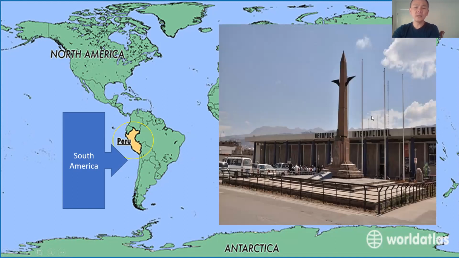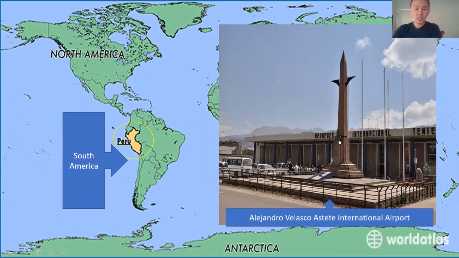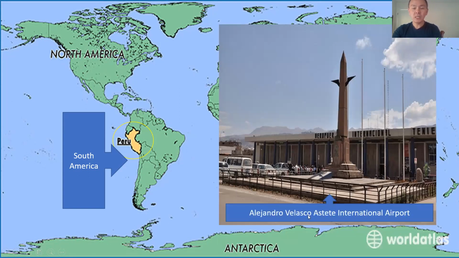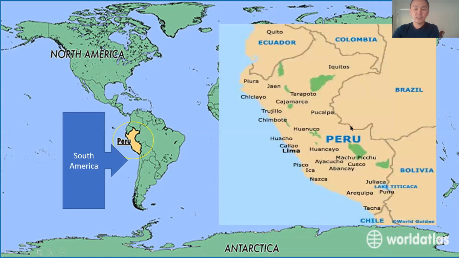As you can see here, this is an image of the international terminal in Peru. This is the Alejandro Velasco Astete International Airport. And this is a map of Peru, and Peru has many cities.